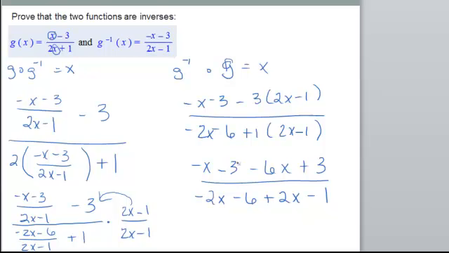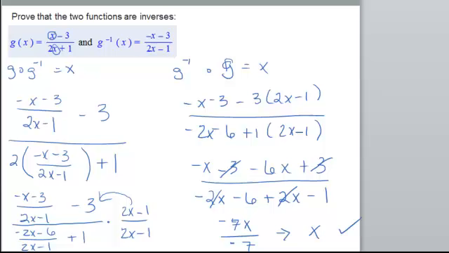Let's see. So we have negative 3 plus 3, that's 0. And negative x minus 6x is a negative 7x. All over. Negative 2x plus 2x is 0. And negative 6 minus 1 is negative 7. Well, that reduces to just x.